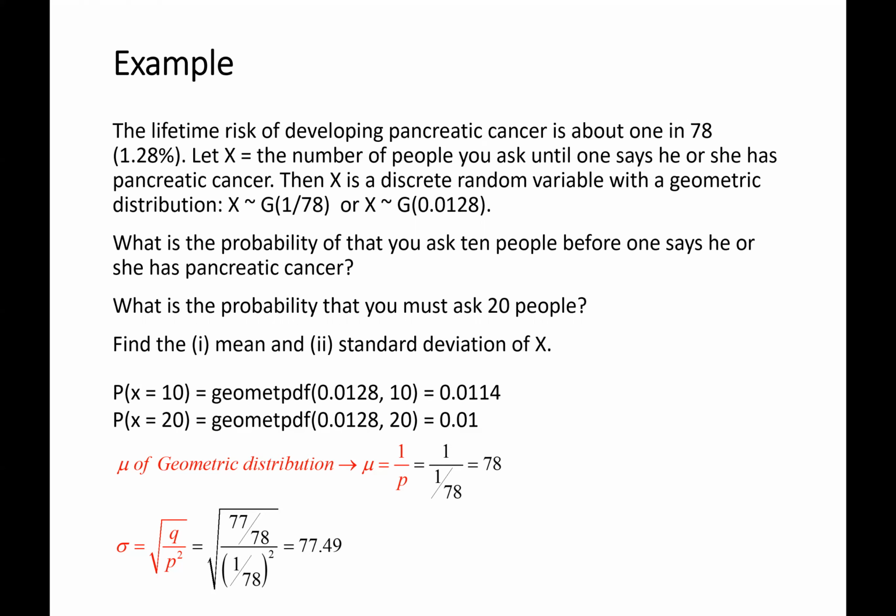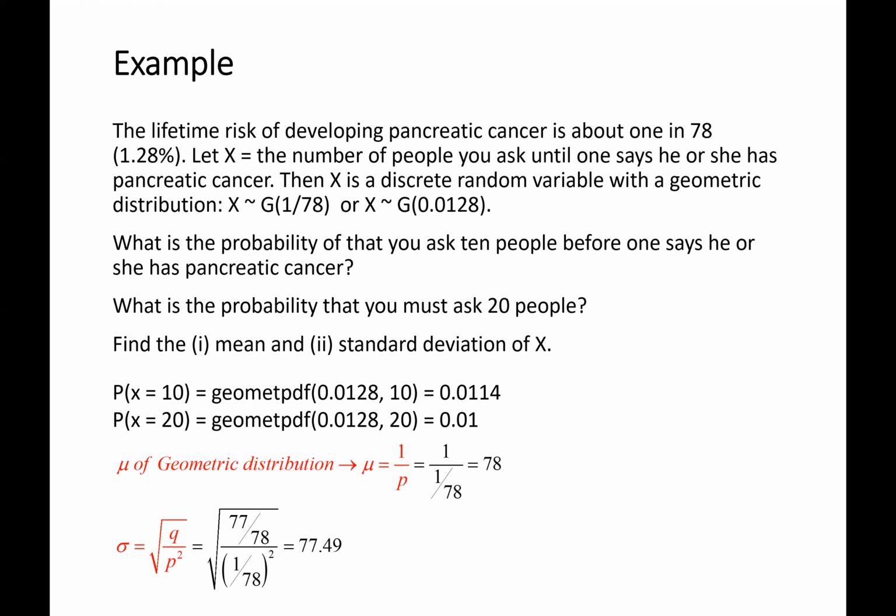So what's the probability that you ask exactly 10 people before one of them says that they have pancreatic cancer? So this is the probability that X equals 10. So you would use the geometPDF to find this probability, where the probability of success is 1 over 78, and you're looking at the random variable taking on the value of 10.